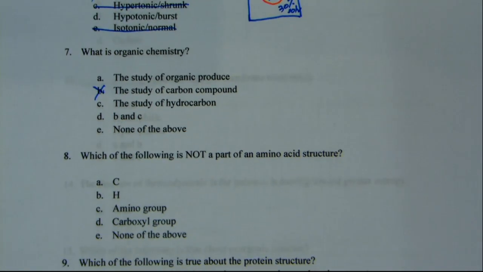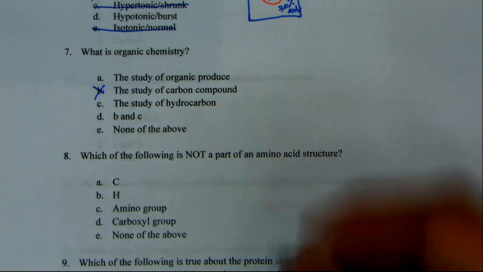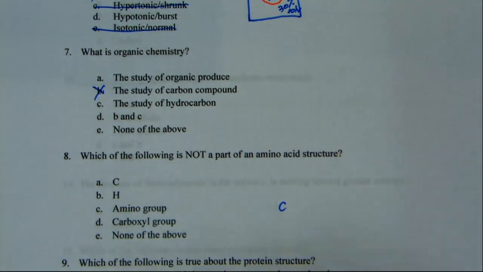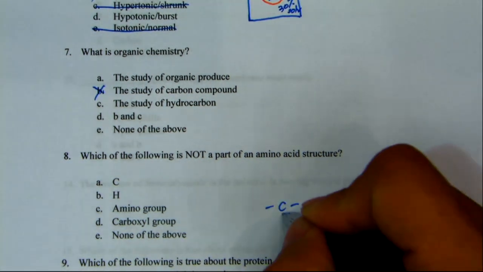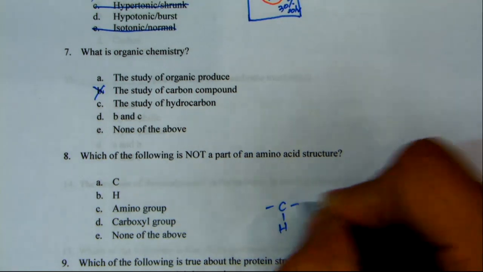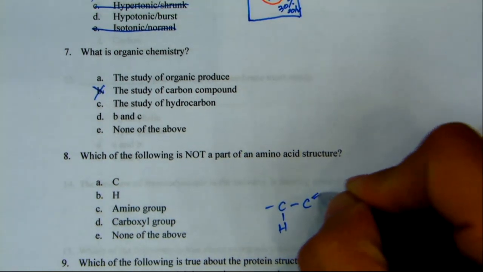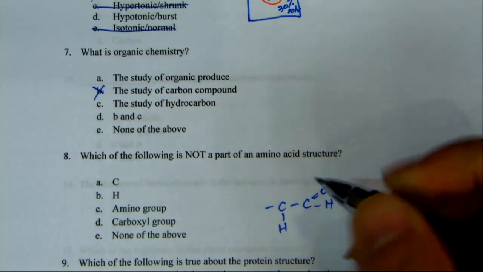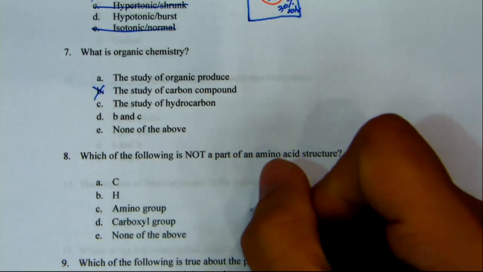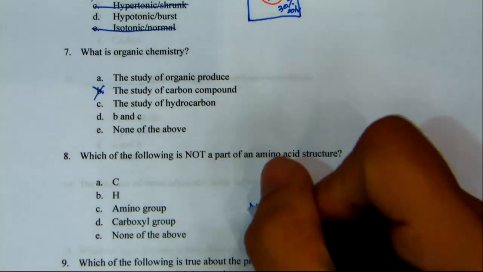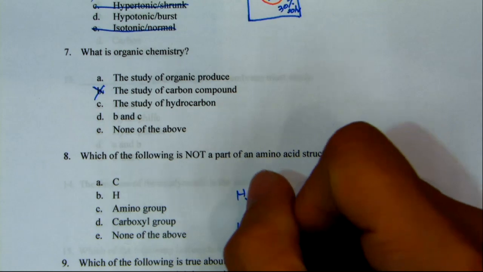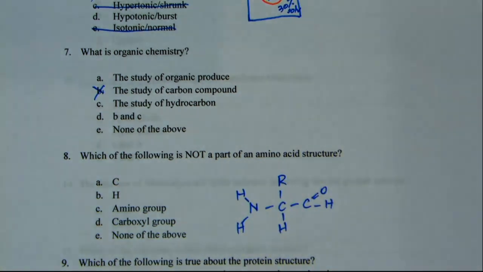Next one. Which of the following is not a part of amino acid structure? So for amino acid structure, we have carbon, right? And we have one H, we have COOH, we have NH2, and we have R. So that's pretty much the amino acid.